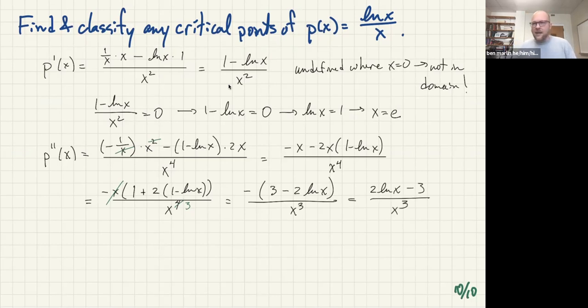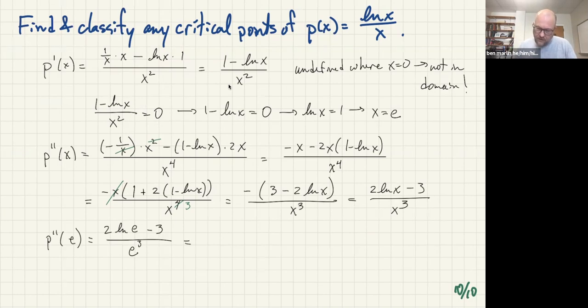Okay. Did you have to do all that simplification? No, of course not. You could have just plugged in. But if you had to use it for something later, it might have been nicer to have simplified it. So 2 ln e, then minus 3, all that divided by e cubed.